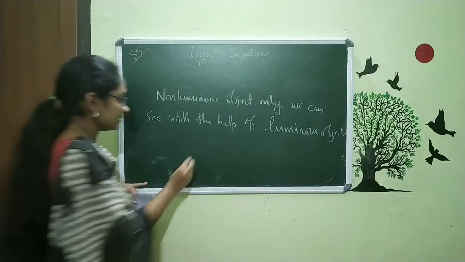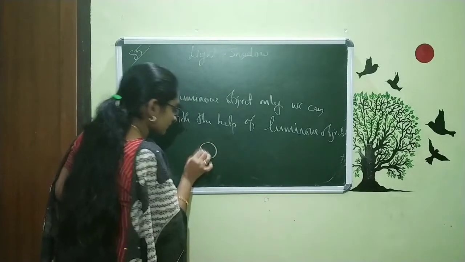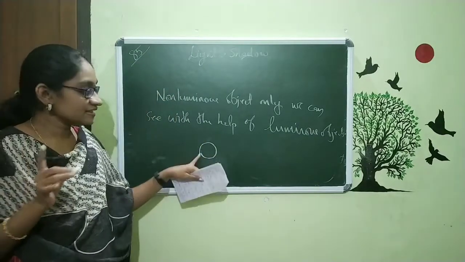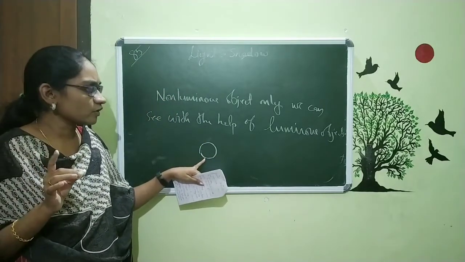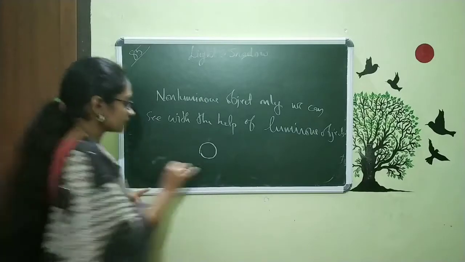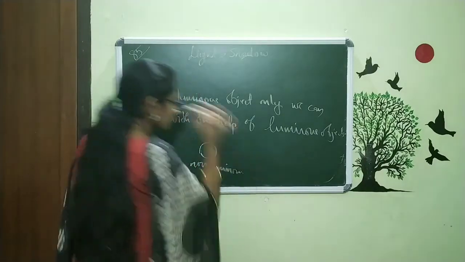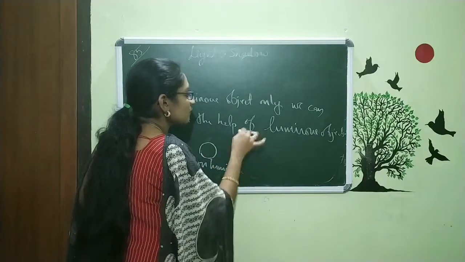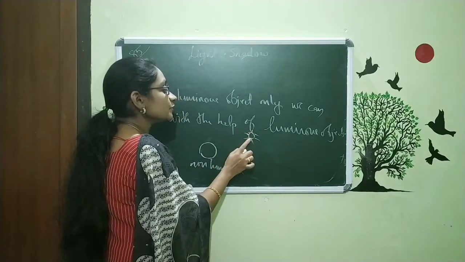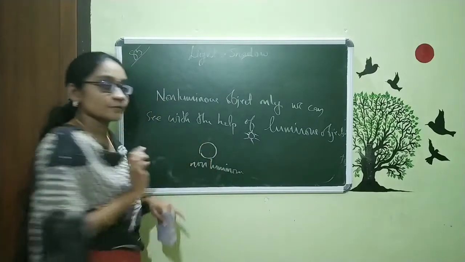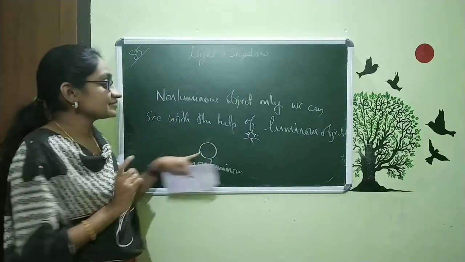Actually, for example, this is one ball. Is it a luminous object or non-luminous object? It is a non-luminous object. And here we have the sun. This is a luminous object and this is a non-luminous object. So, how can we see this?